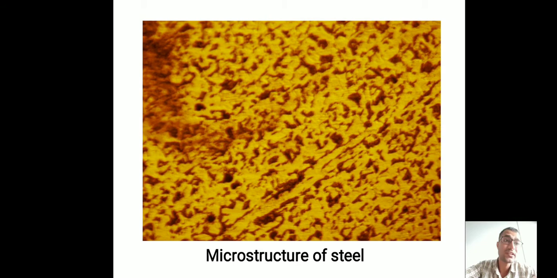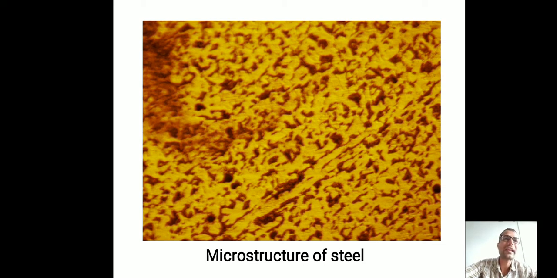So students, this microstructure of steel consists of different bright and different dark phases. Bright and dark means if we see this structure properly, there is a dark pattern, means black dots are there, and another yellow pattern is there. Correct? So these two types of phases are there.